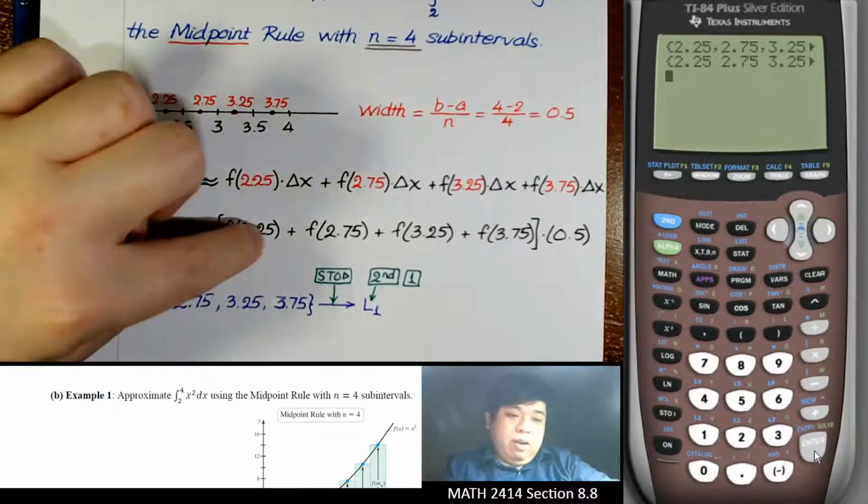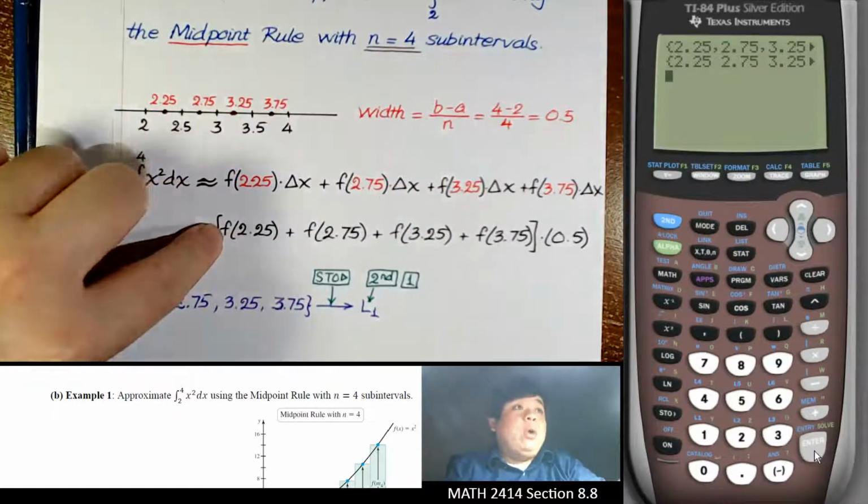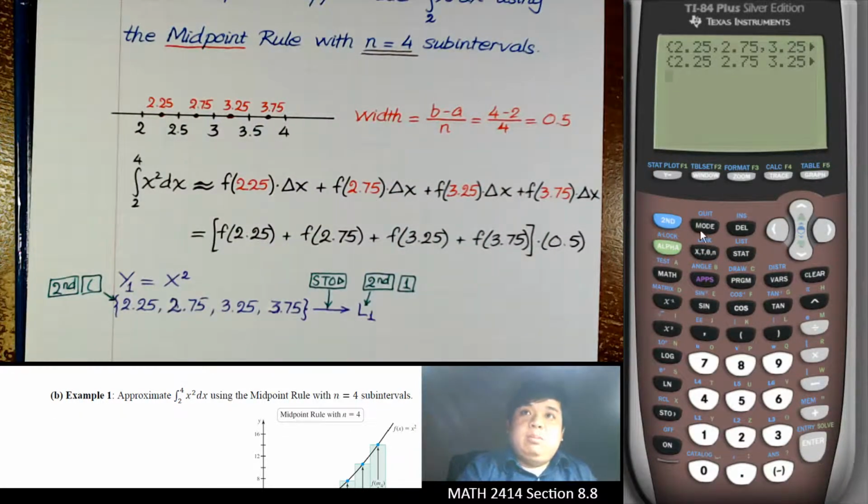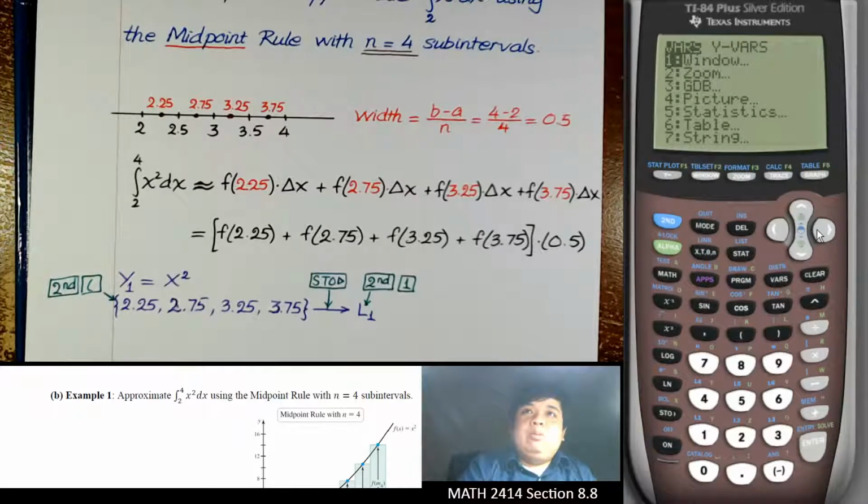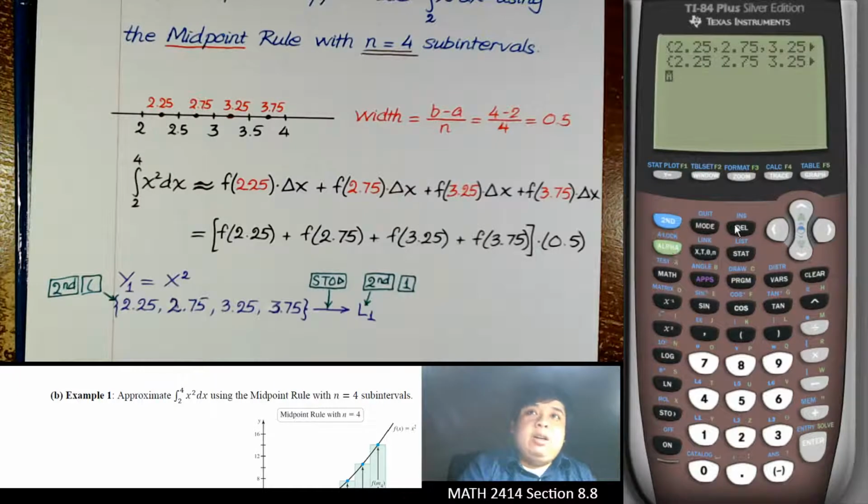Now we have the values, so we will evaluate the values of the function. To do that, we go to y1. There's a couple of ways to do that. Either we hit variables, y variables, and y1, or just hit alpha, trace, and the bottom menu pops up, and choose y1.